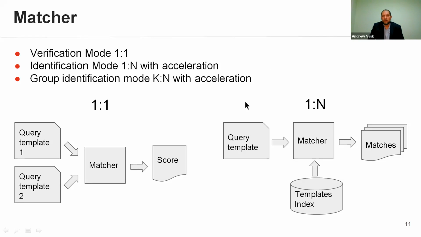It's an identification list, and you can ask the matcher to return only the first 10 closest templates from the database, or 20. So you can change the size of the list of matches.